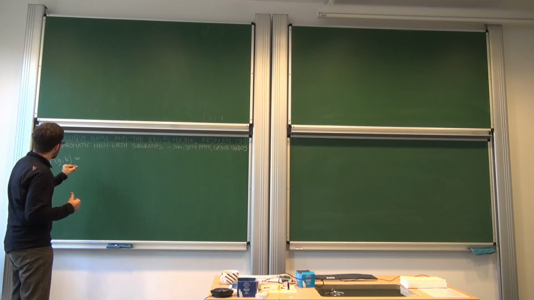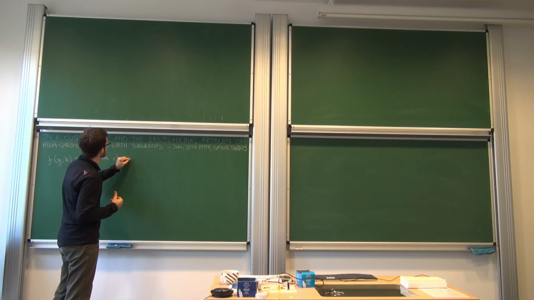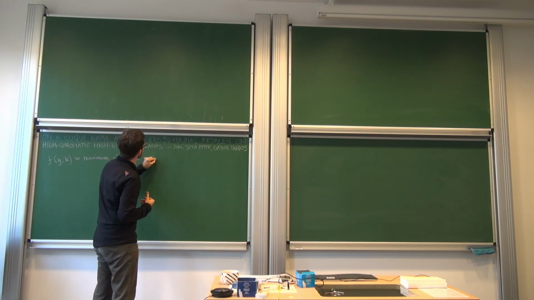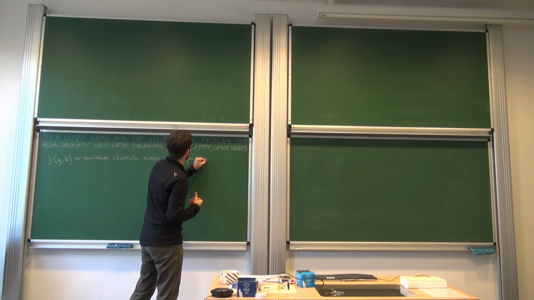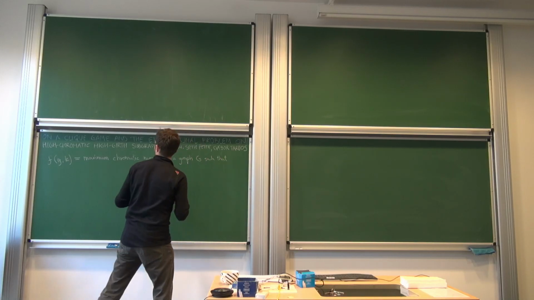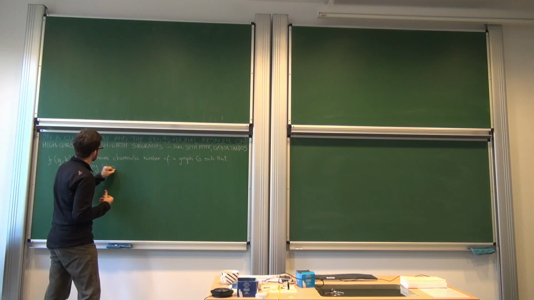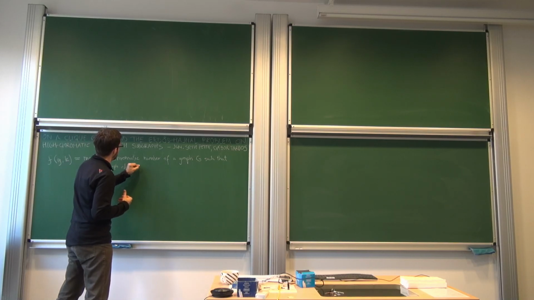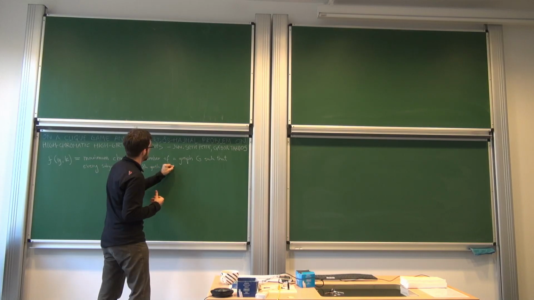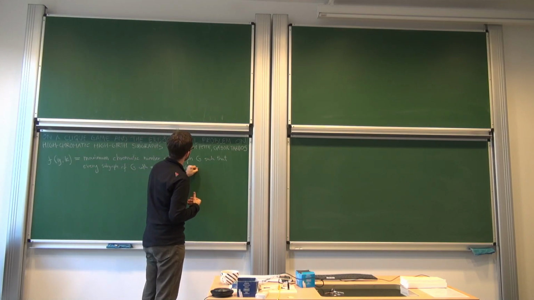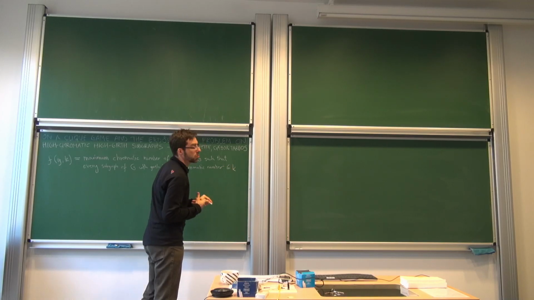Let me define it as the maximum chromatic number of a graph G such that every subgraph of G with girth at least g has chromatic number at most k.